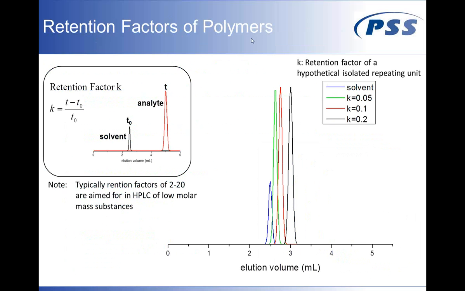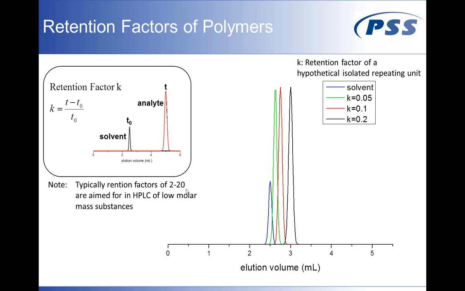So that has something to do with the retention factor of the polymer. Typically the retention factor is defined as the time of the analyte to elute from the column, subtracting the time that the solvent needs to flow through the column, and then normalized to the retention time of the solvent.